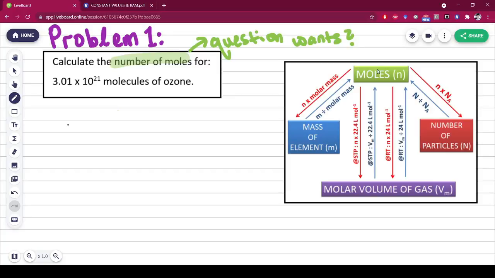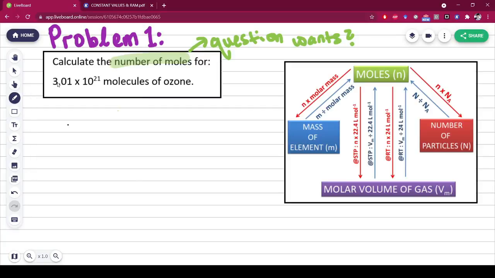Okay, so our mission is to find out how many moles for 3.01 times 10 to the power of 21 molecules of ozone. Molecules of ozone, number of particles right here. Okay, we're going to start right there.